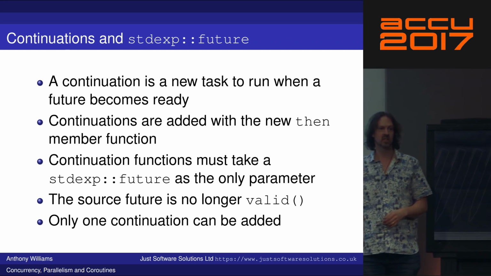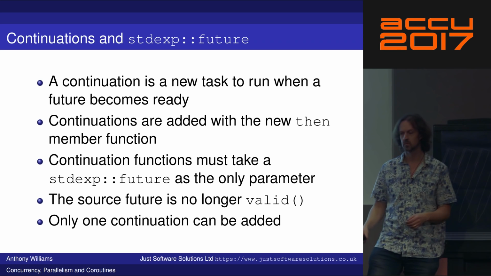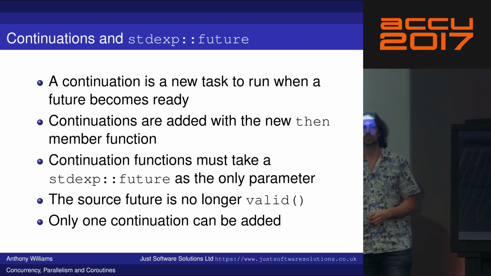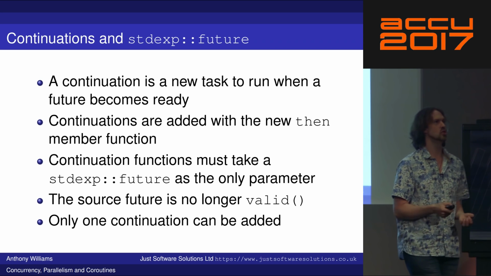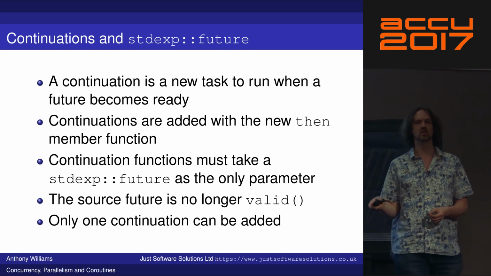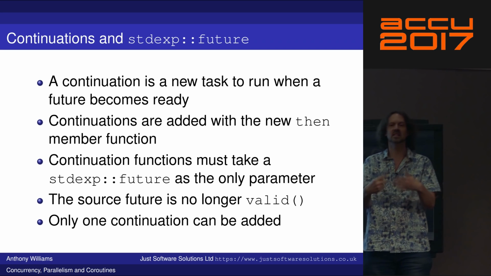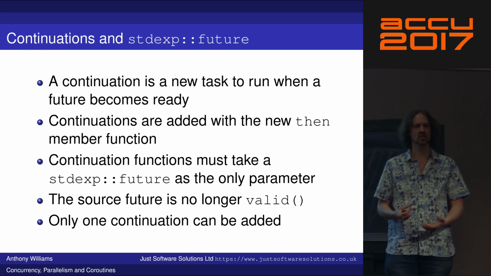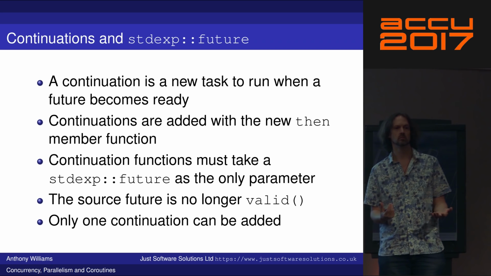So, continuations on futures. A continuation is a new task that you want to run when whatever it is that's generating the value in the future that you're waiting for is ready.